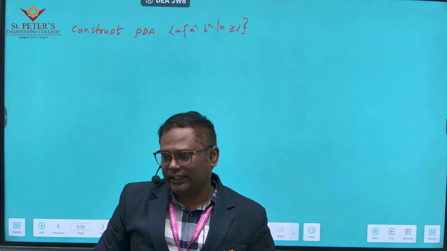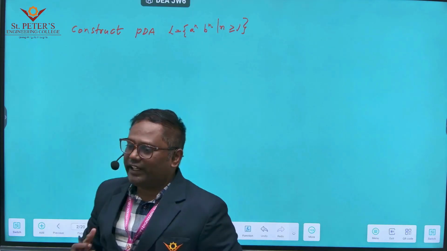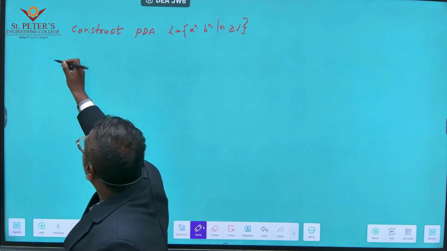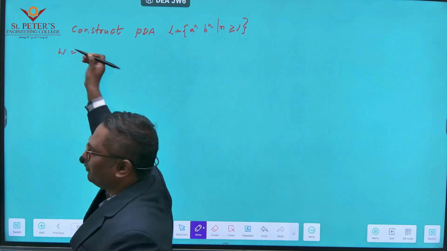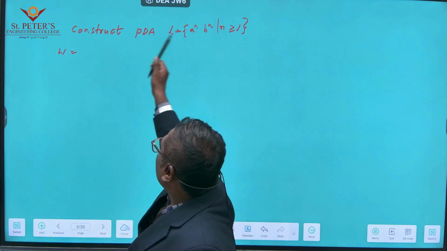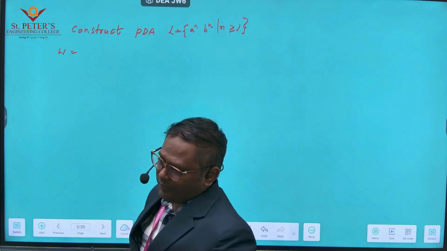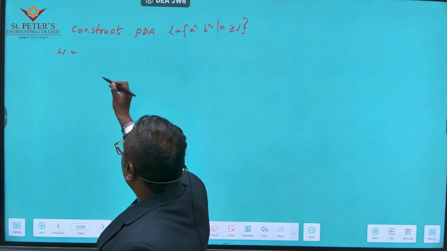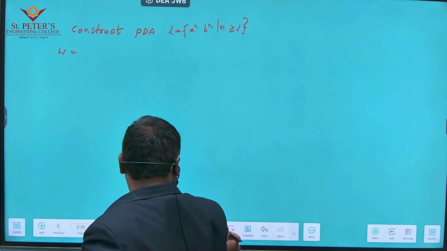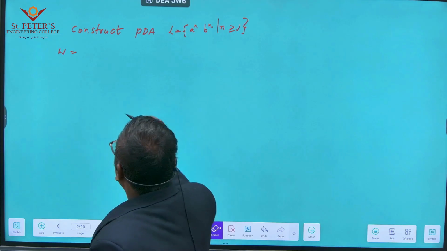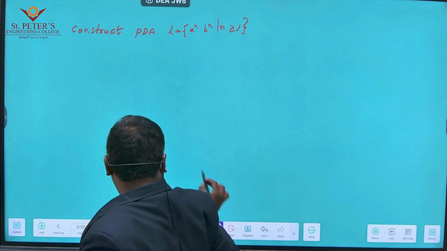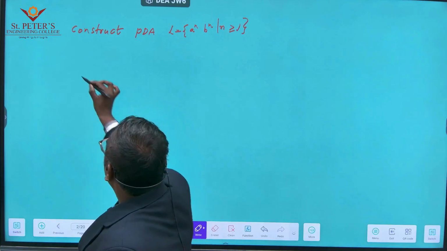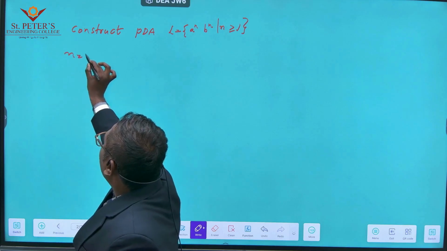First, what we have to do is generate strings from that language. The strings are normally denoted by the letter W. So from this language I am going to derive some strings. For example, if n is equal to 1, what is the string that can be generated?